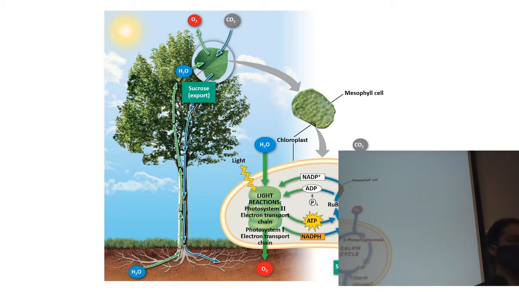So carbon dioxide's coming into this plant. Sorry, did I say oxygen? Carbon dioxide's coming in, water's coming in, the plant's giving off oxygen and is giving off sugars. Inside, if you look at it close here, we have the light reactions. They're capturing that energy. Water is going to be torn apart. You're going to give off oxygen.